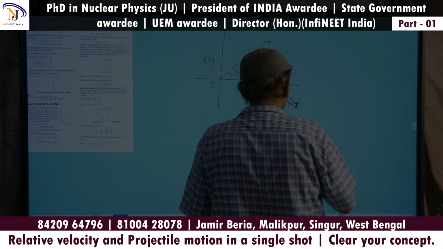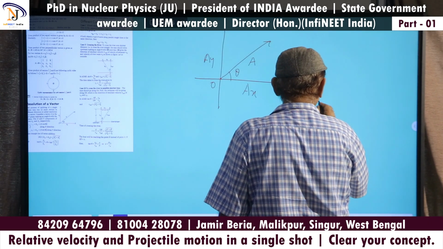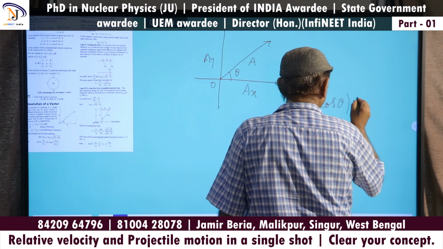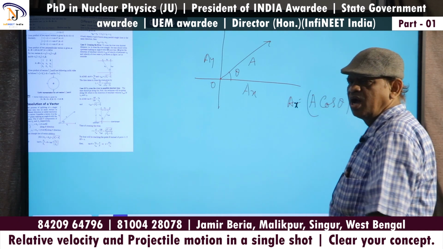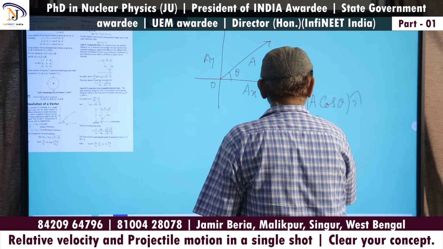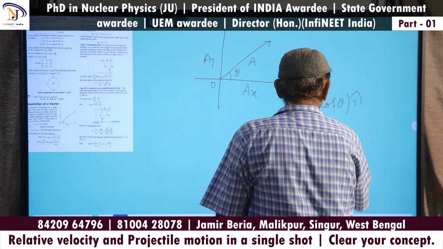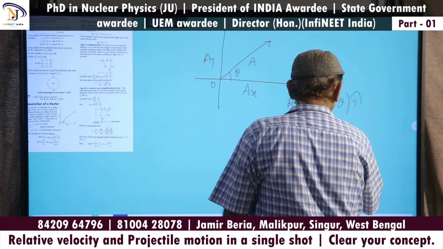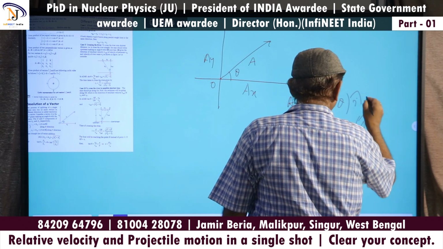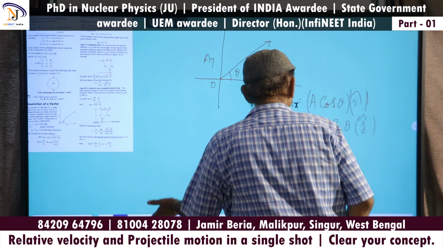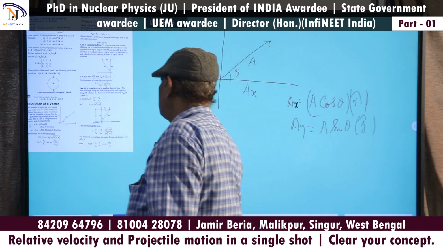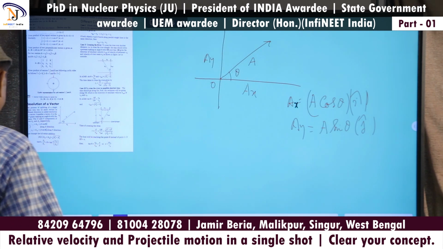AX equals A cos theta, and this is along the x axis, so it is I cap. This is AY. What you can write? A sin theta, and that will be J cap. These are two vectors, along the x axis and along the y axis.